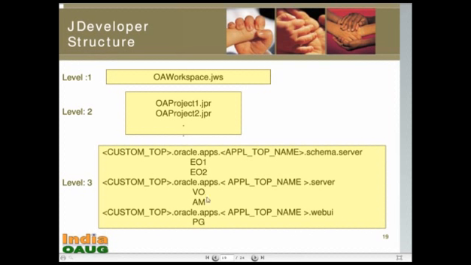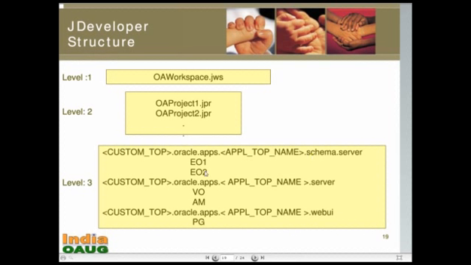Next, whenever we create a view object, it is nothing but a select statement. The view object and the AM, application module, these two must be saved in the server folder. When you go for insert, update, delete, the entity object must be saved in the .schema.server. So these three folders you have to remember: .webui, .server, .schema.server.